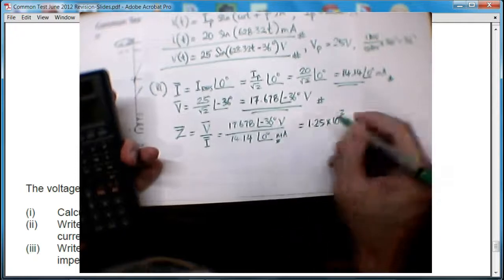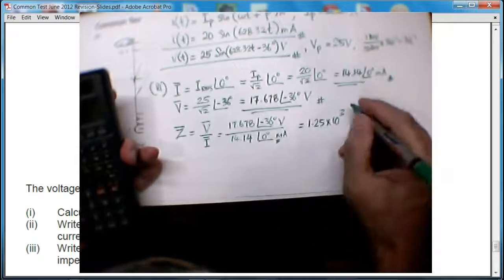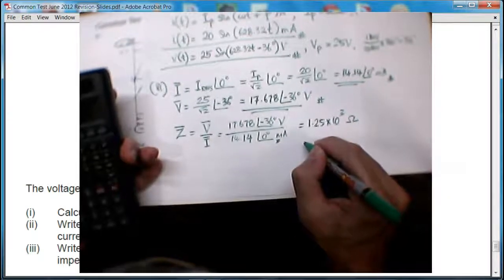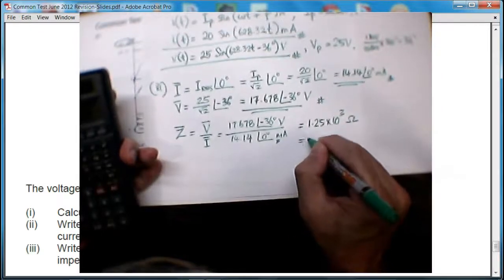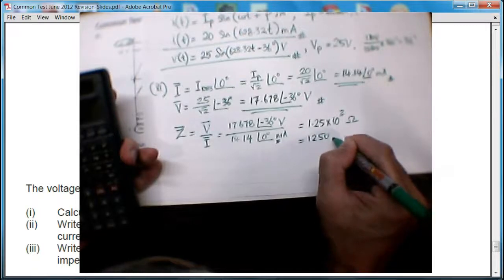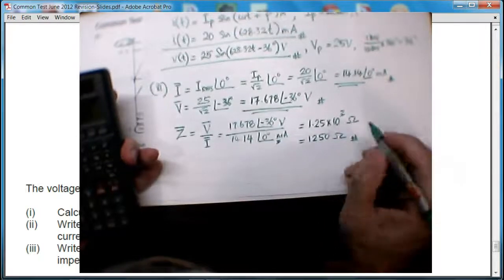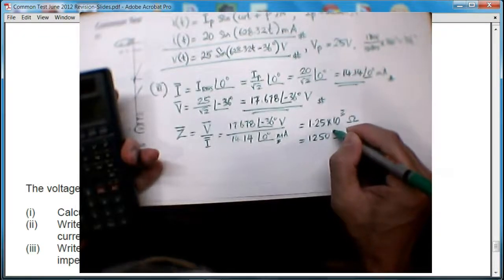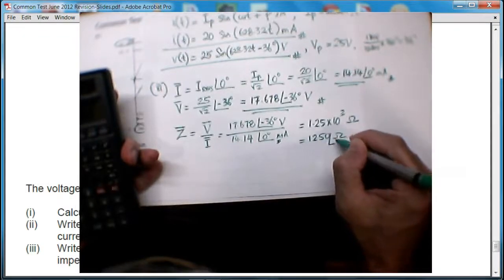Remember this is millivolts, so it becomes ohms. That's 1250. Of course, you can insert the angle in as angle minus 36.